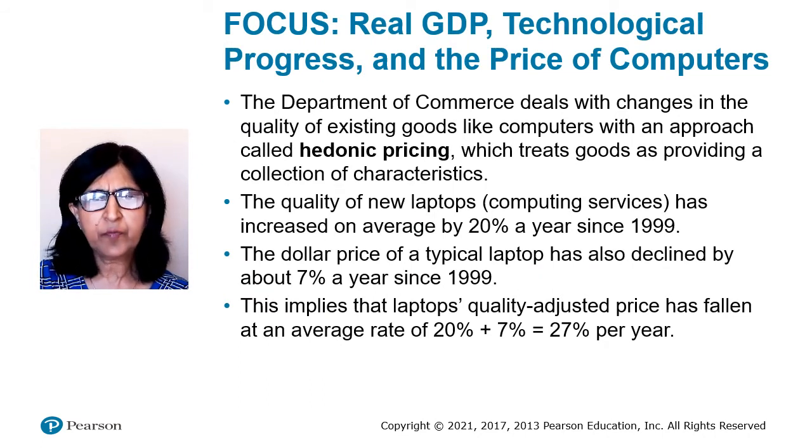A tough problem in calculating real GDP is how to deal with changes in the quality of existing goods. One of the most difficult cases is computers. It would clearly be absurd to assume that a personal computer in 2019 is the same good as a personal computer produced, say, 20 years ago.